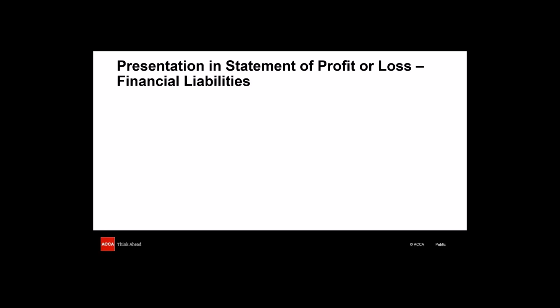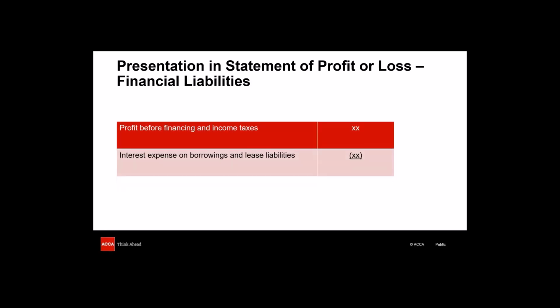Coming back to our main presentation, we just saw how the presentation is going to be done in the statement of profit or loss for financial assets, any gains related to them or any interest income related to them. Now, when we talk about the financial liabilities, how they are going to be presented in the statement of profit or loss. So in such cases, we are going to go for the profit before financing and income taxes.